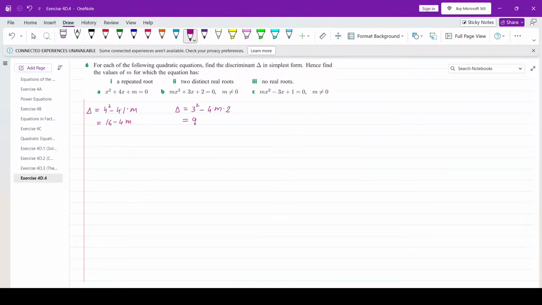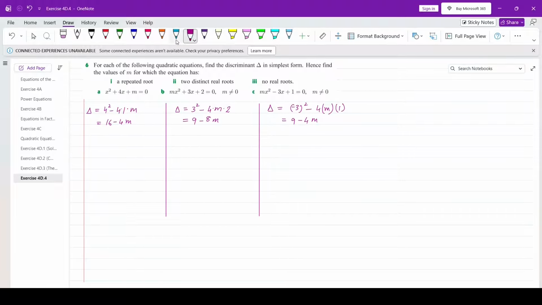So this is going to be 9 minus 8m. And in c, the discriminant is going to be b square, that is negative 3 square minus 4 times m times 1. So this is 9 minus 4m.